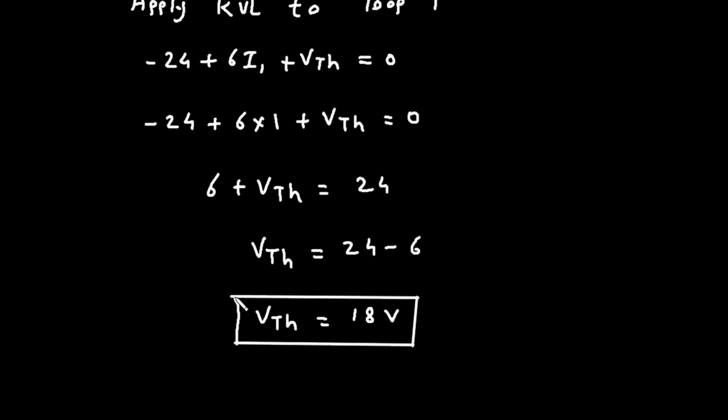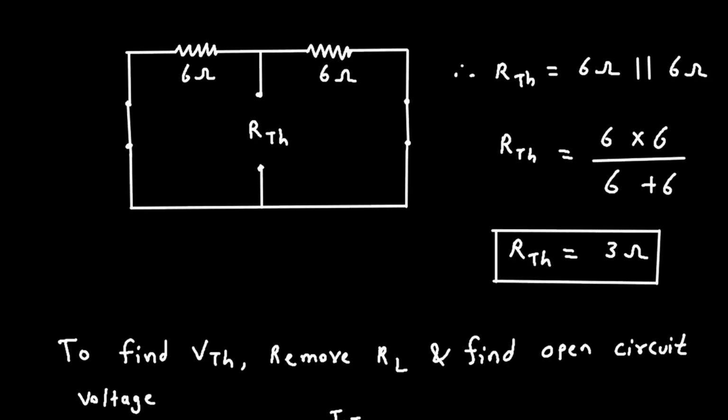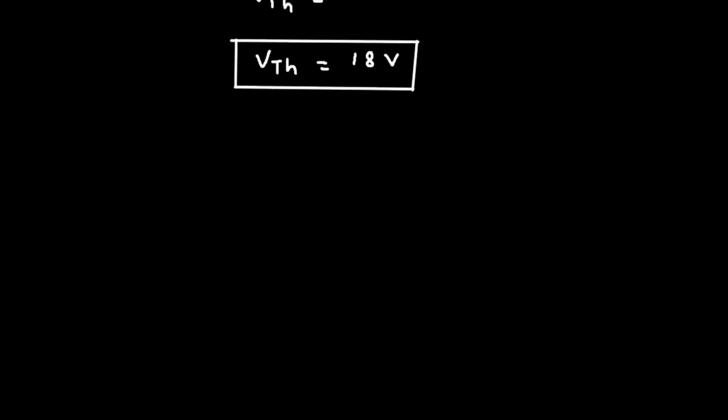Now we got the value of VTH and RTH. And we also have the value of load resistor RL. So we can easily draw Thevenin equivalent circuit. So let's draw Thevenin equivalent circuit. This is plus, minus.